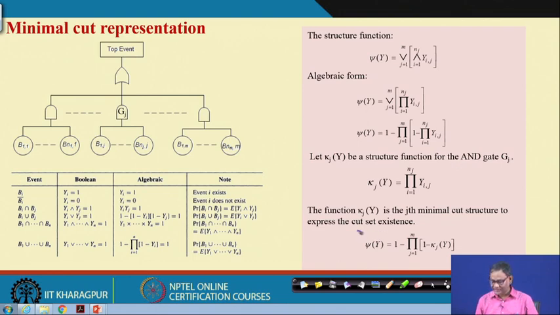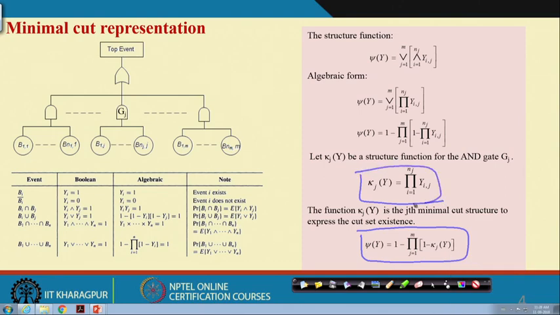This is the final form, and this one is the structure function for the AND gate. So, once you know this, given a fault tree, you can very easily find out the final structure function. That is what we will see now.